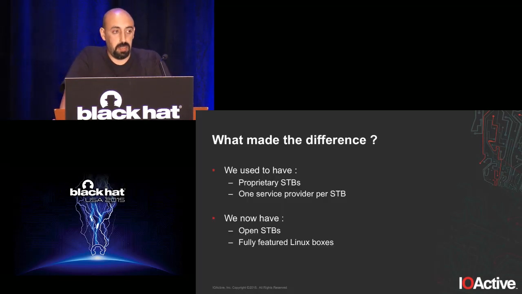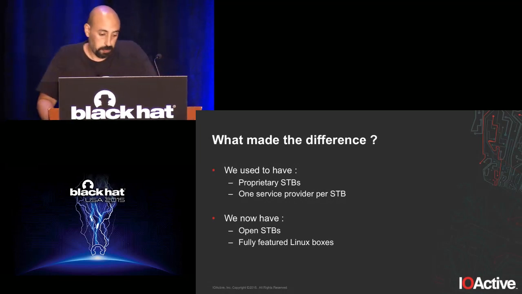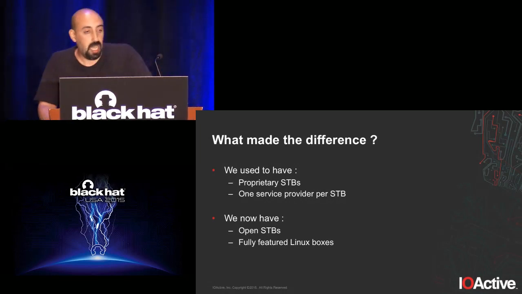What changed over the last years is the emergence of open satellite receivers. What we call open satellite receivers are boxes that are now fully Linux boxes. They are generally based on BusyBox, and they have the support of many providers.